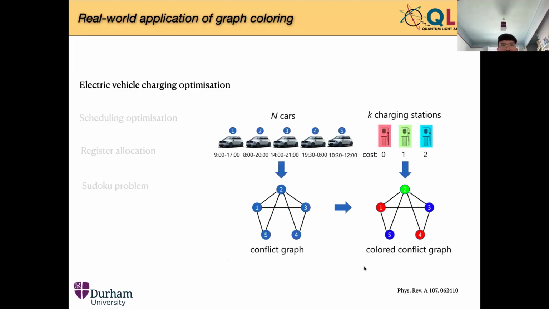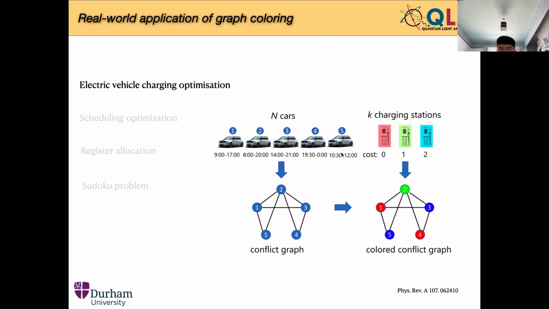So for the electric vehicle charging optimization, I will show you this diagram here. We have 5 cars, and each car will have a time window for the charging. For example, the first car will need to be charged from 9 a.m. to 5 p.m. And the second car needs to be charged from 8 a.m. to 8 p.m., for example, and likewise the third, fourth, and fifth cars.